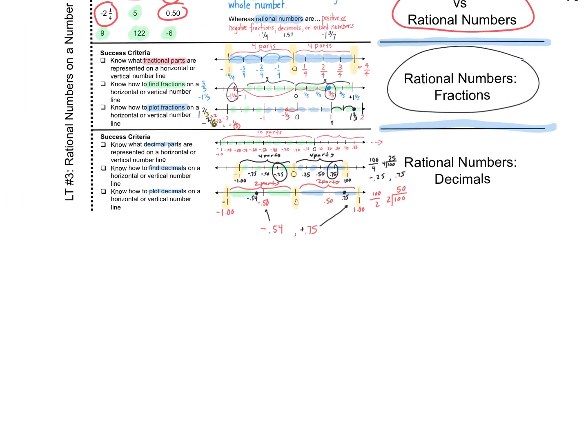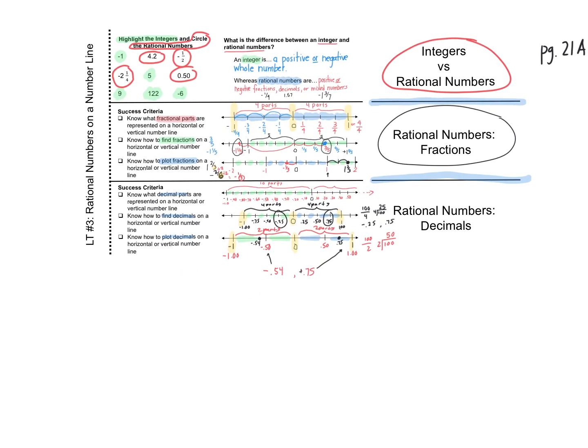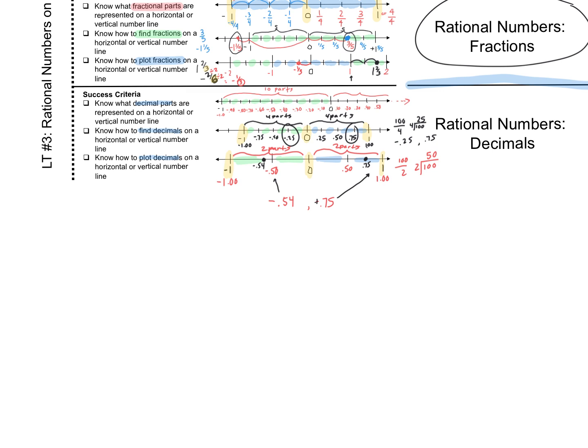Lastly, I want you to add this anywhere you can, even if it's just on the side of the paper, on this page, 21A. I wanted to talk to you about if I gave you some fractions. Let's draw one quick number line, okay? I'm going to put a 0 here, a -1 here, and a +1 here, okay? And what if I gave you something that looks like this?